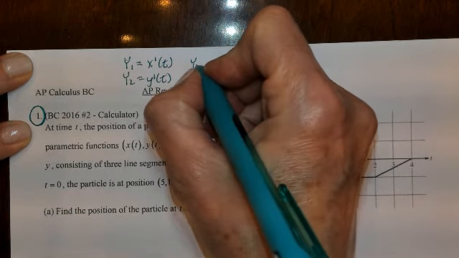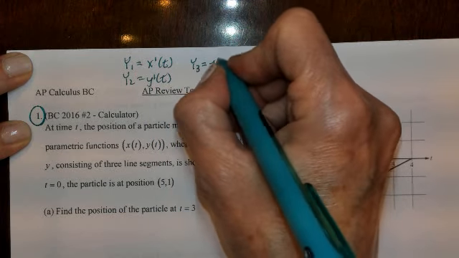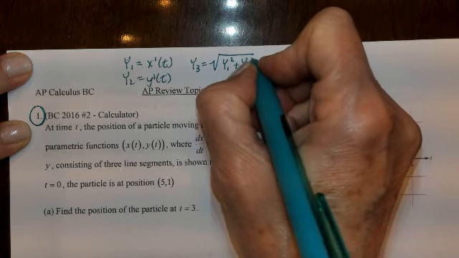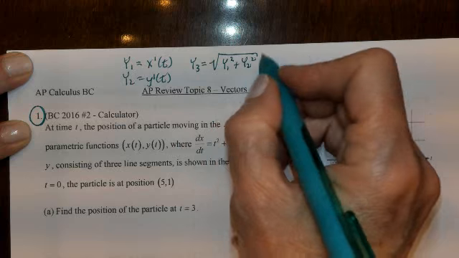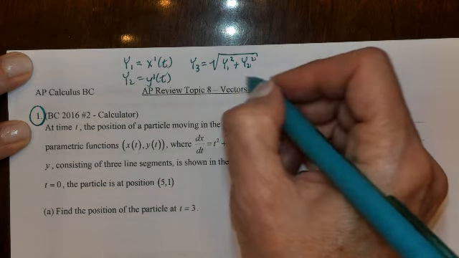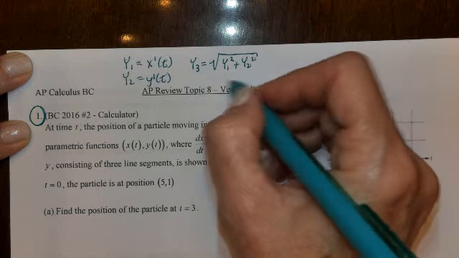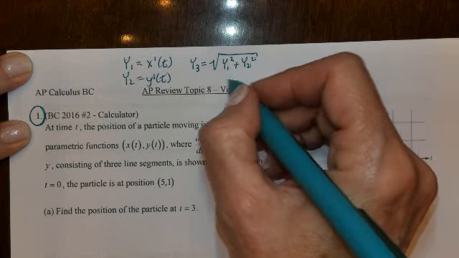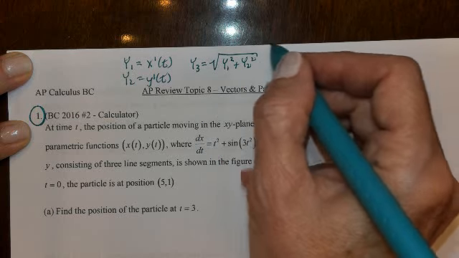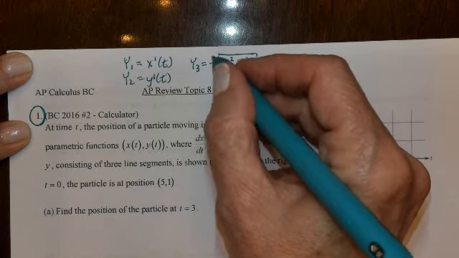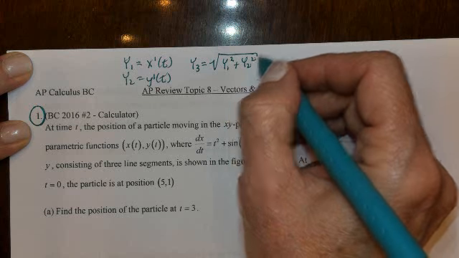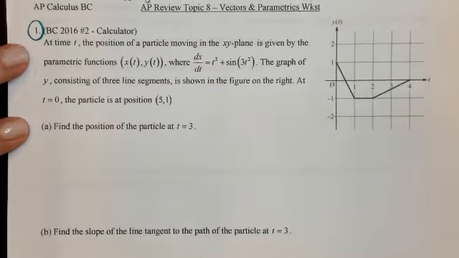In for y3, if you like, you can put the square root of y1 squared plus y2 squared, because that's often used in a couple of those formulas from our sheet. This is the equation for speed. And if you want total distance traveled, you need the integral of the absolute value of this. So keep that in mind.